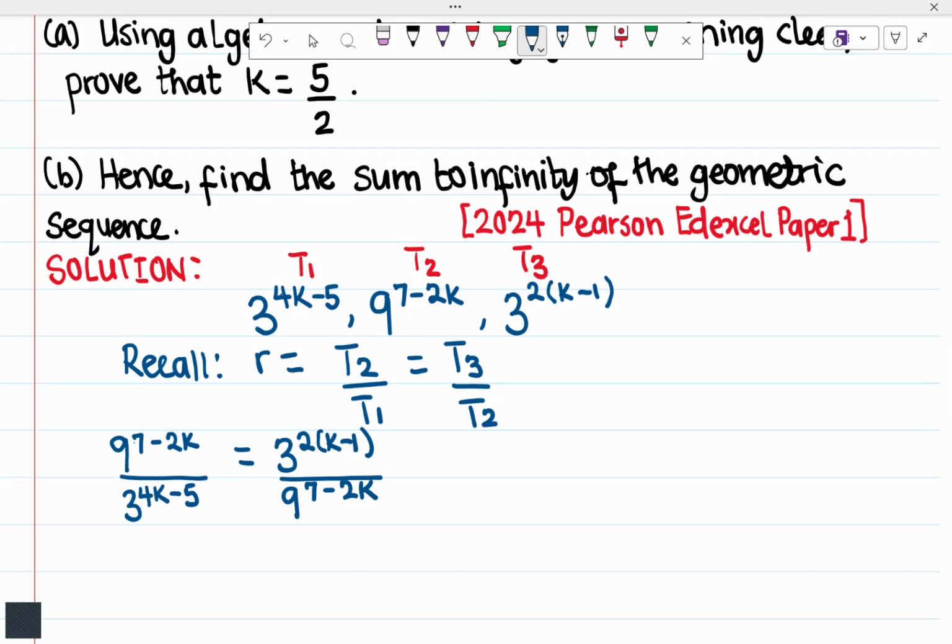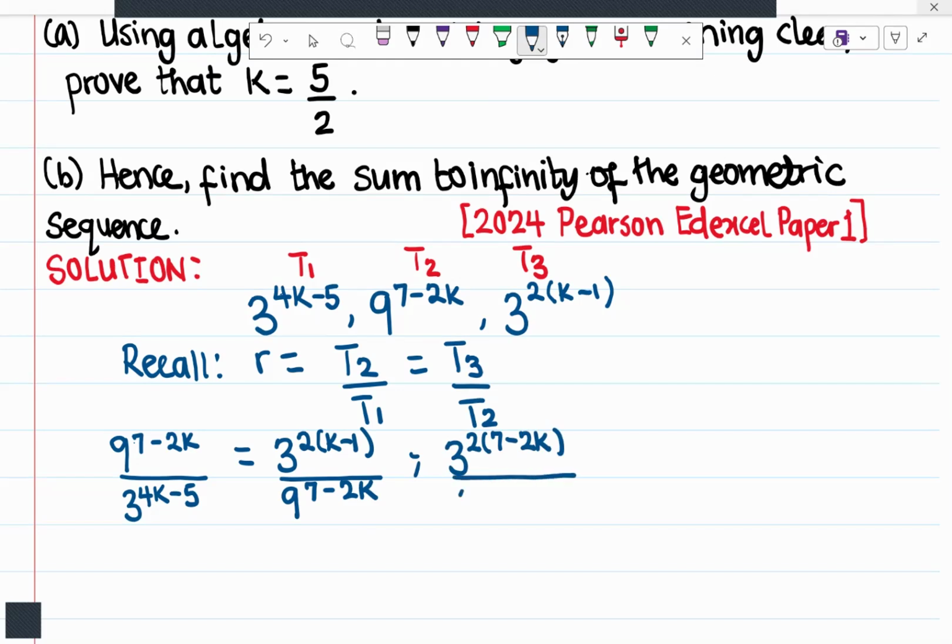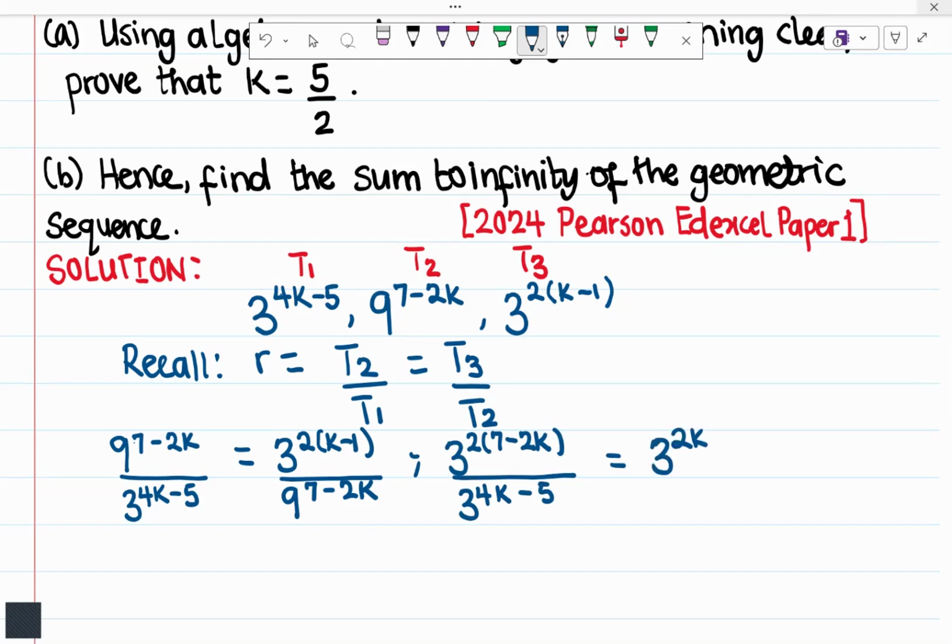So I can write this to become 3 raised to the power 2 open bracket 7 minus 2k over 3 raised to the power 4k minus 5 is equal to 3 raised to the power 2k minus 2 over 3 raised to the power open bracket 7 minus 2k.